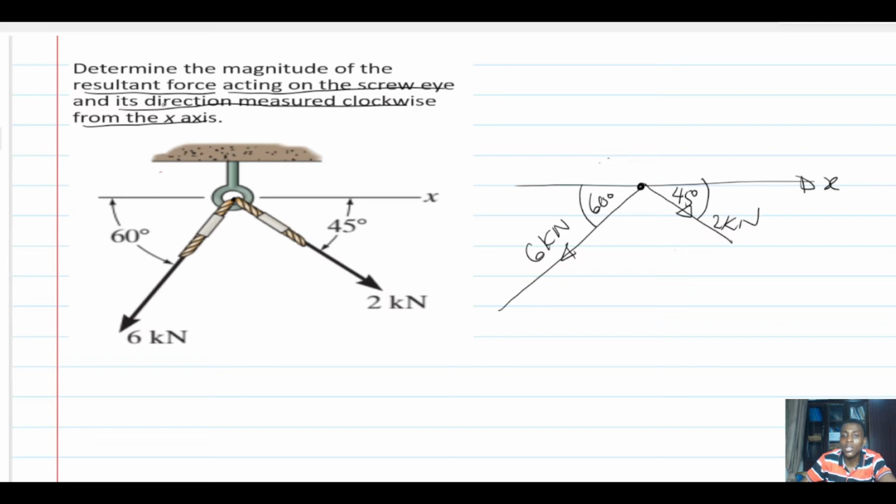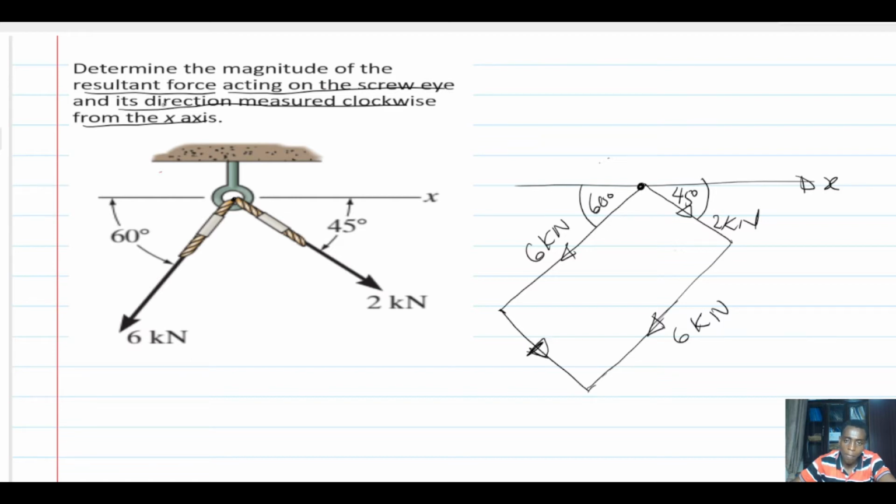Now if I want to use the parallelogram method, then what I will do is draw parallel to the 6 I already have. So this is also going to be 6 kilonewtons. Then I'll close it by drawing this parallel side to the 2 kilonewtons.